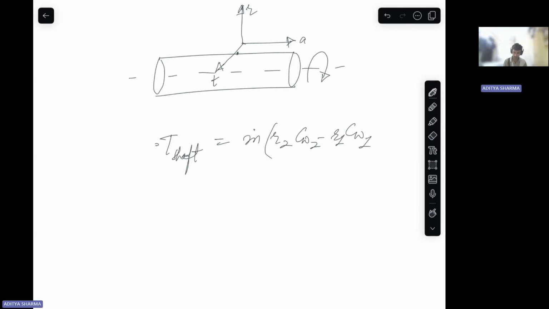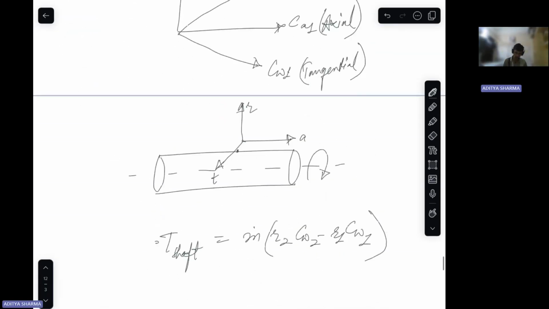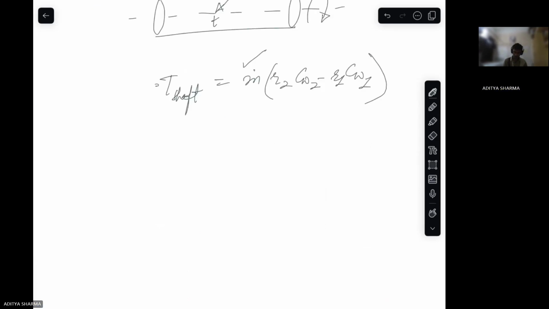This basically is your Euler turbomachinery equation, and this is the mass flow rate of fluid. This is the radial direction of fluid. So if we are taking 2 points, between 2 points we want to calculate the torque related to this fluid.